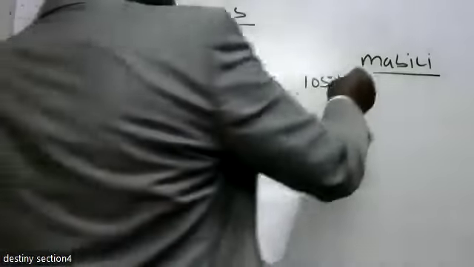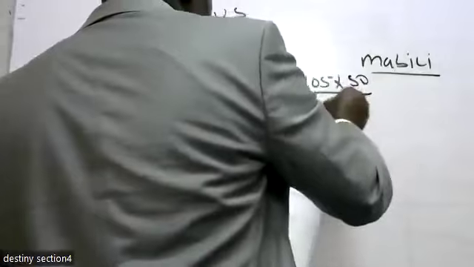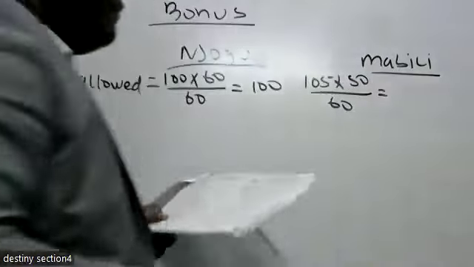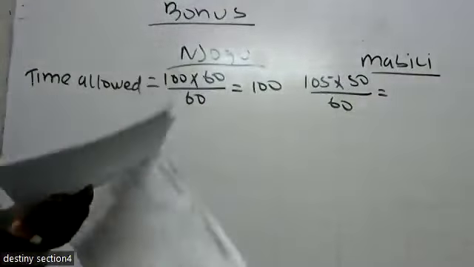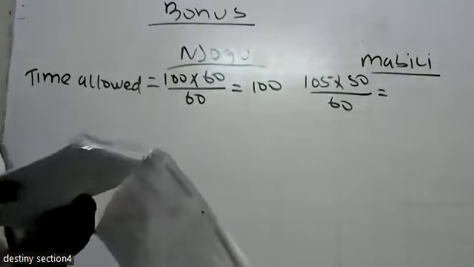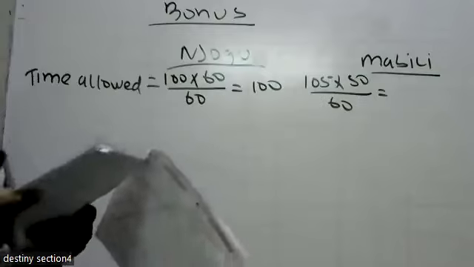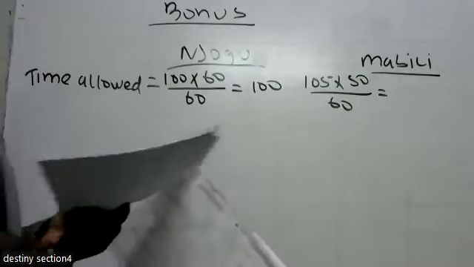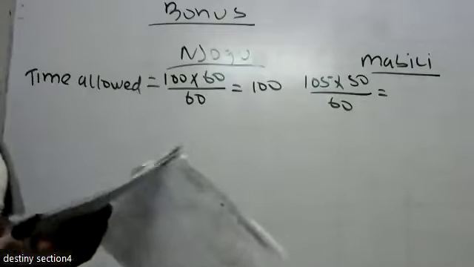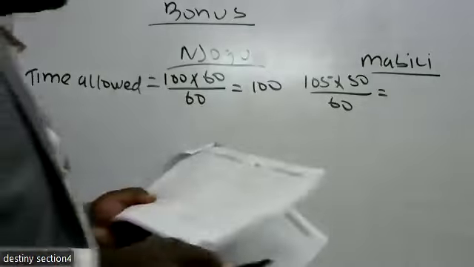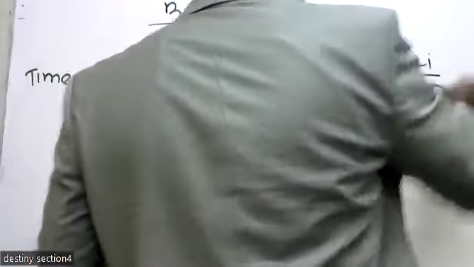So multiplied by 50 minutes divided by 60 to convert them into hours. 87.5.